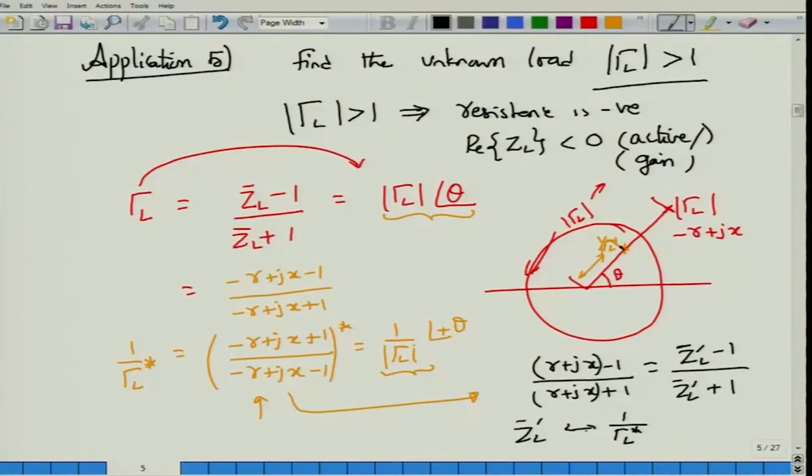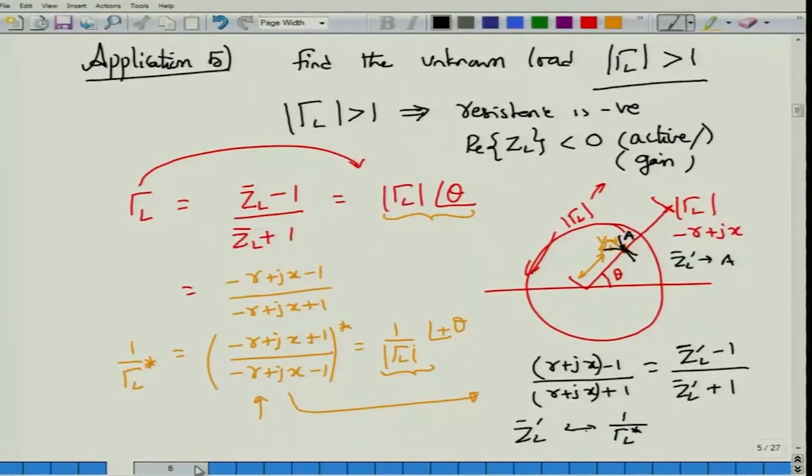So, what do you do now? Find out the corresponding value of constant R and constant X circles, find out the value of ZL bar prime here, okay. So, from this point which we will call point A, find out what is ZL bar. Once you have found ZL bar, you simply replace, right.